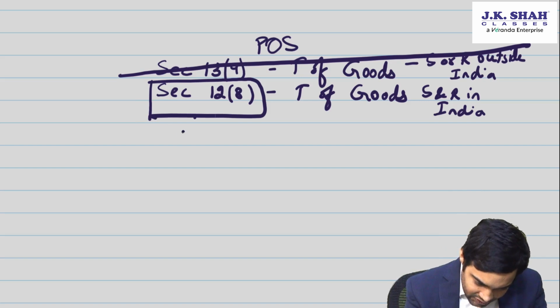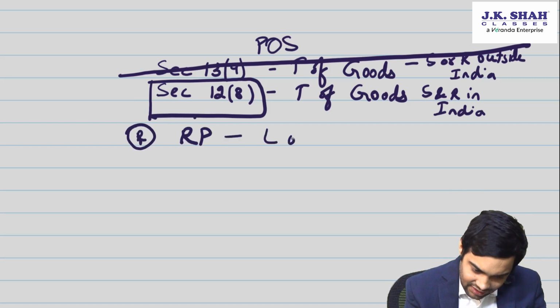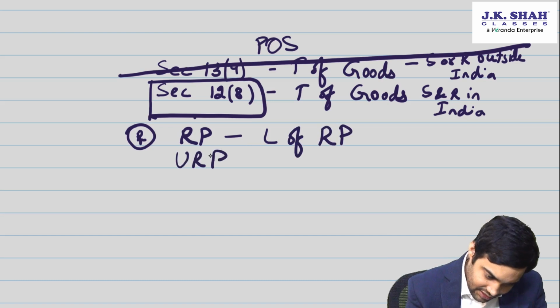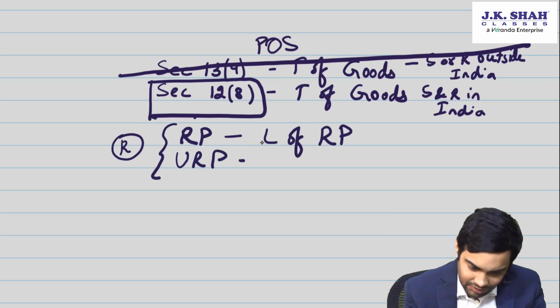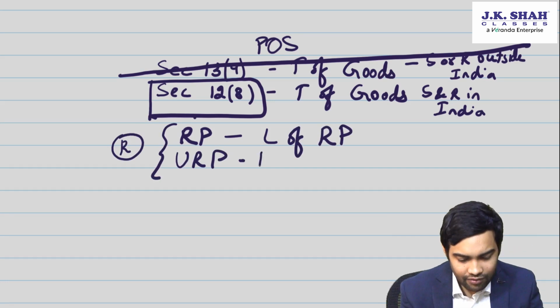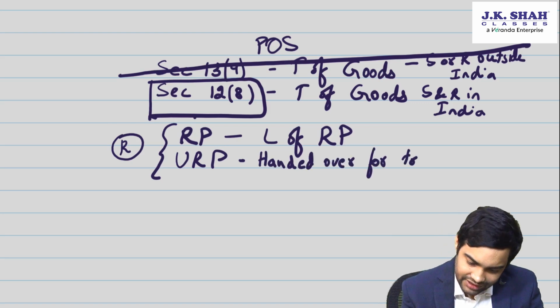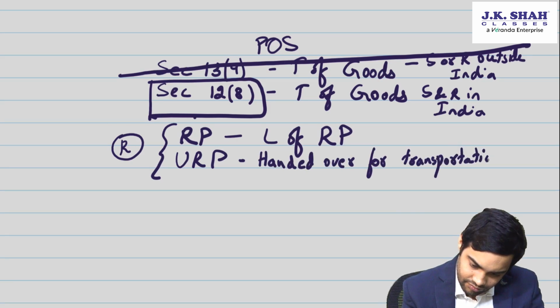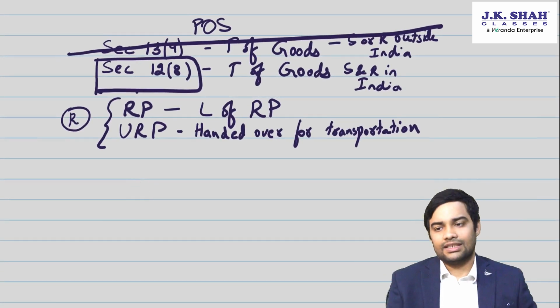there was a proviso. First, let me write, if the recipient is registered, then location of the registered person. If the recipient is unregistered person, then in that case, the place of supply used to be where the goods are handed over for transportation to the transporter.